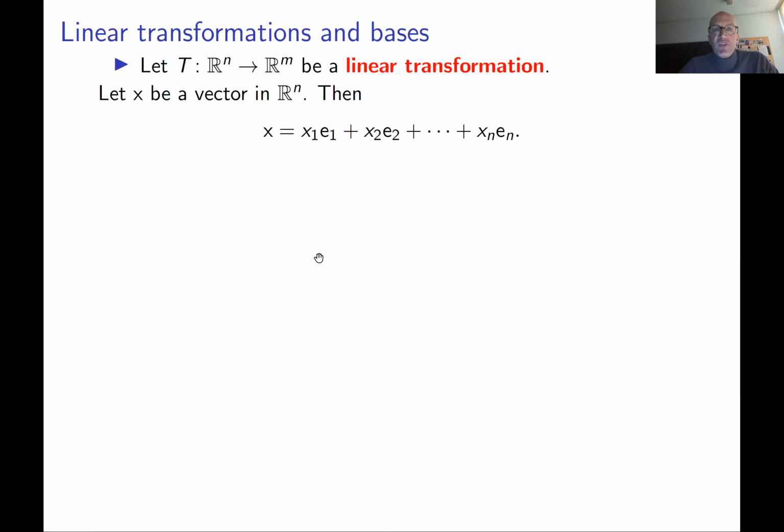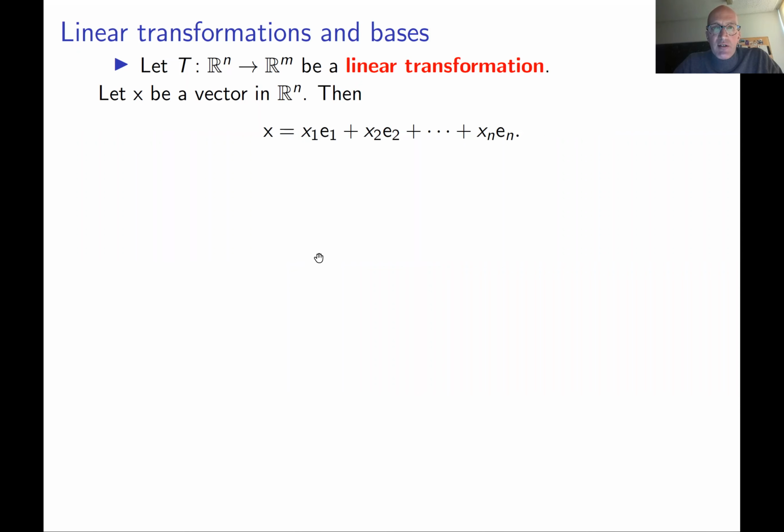Okay, now let me mention one very important property of linear transformations. Basically, this property means that linear transformations are uniquely determined by the values on the basis of your n-dimensional space. Let me be precise.